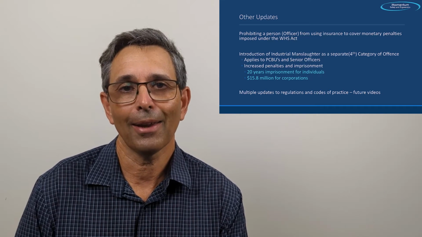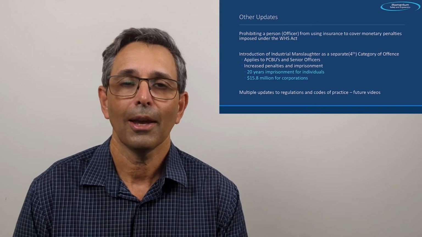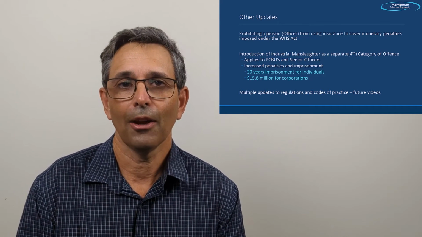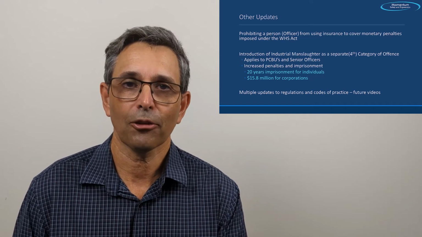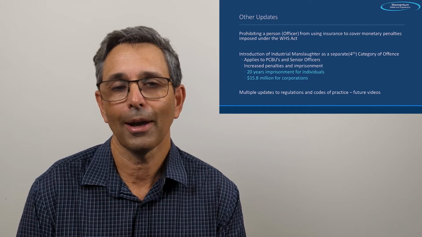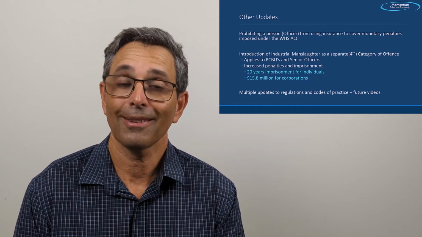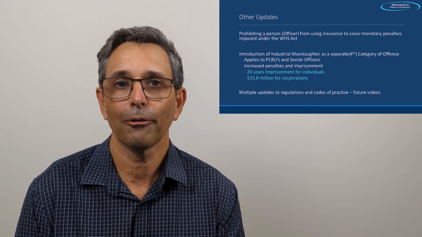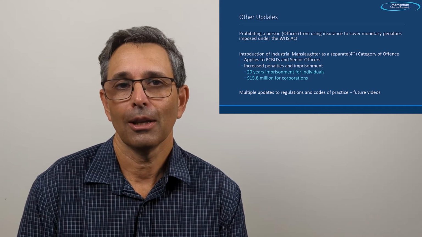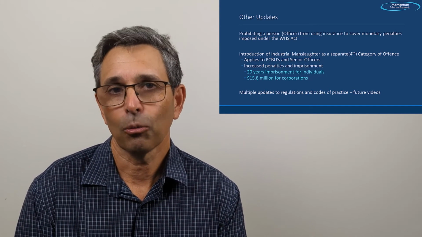And it does carry increased imprisonment for individuals and significantly increased fines for corporations. And obviously, it being industrial manslaughter, there has to be a fatality in the workplace for it to apply. Now, if you want more details on that, we will be giving you some links as well in the description where you can find out the details on how the industrial manslaughter legislation does work. But be aware that it is there as well.